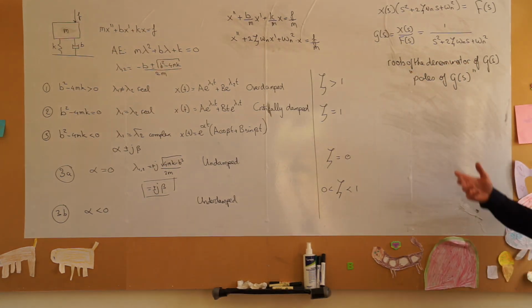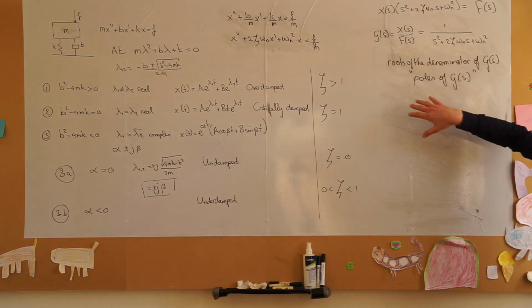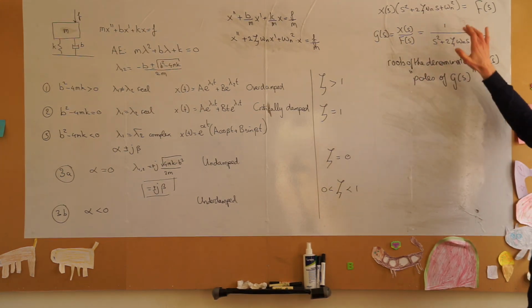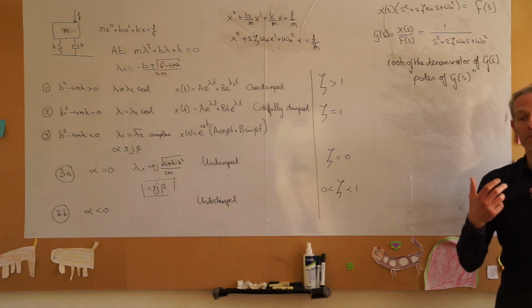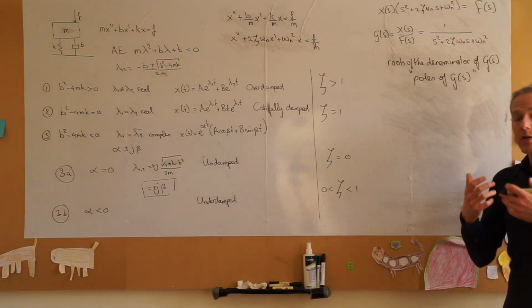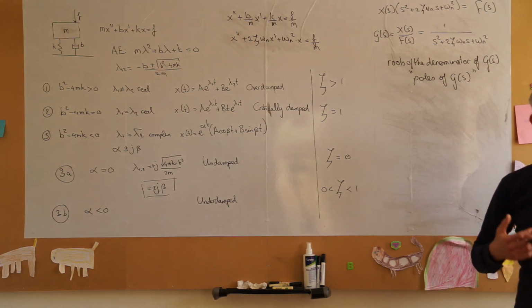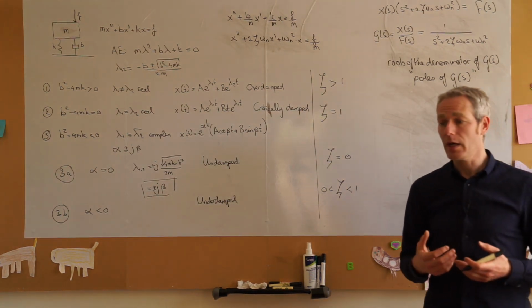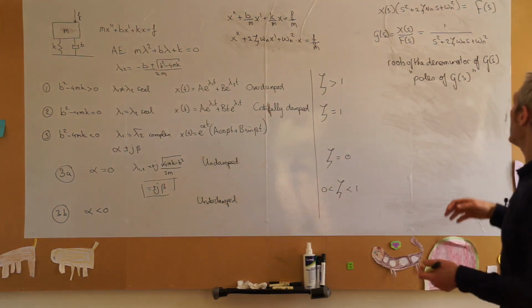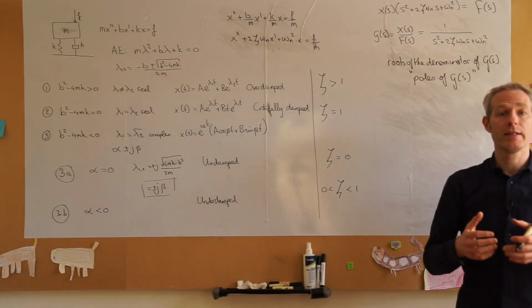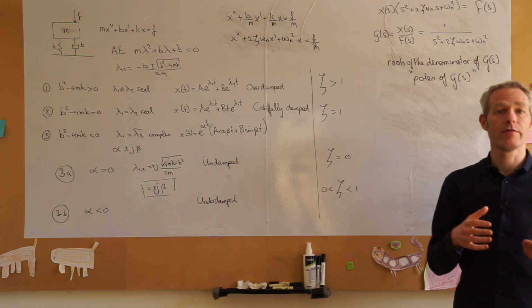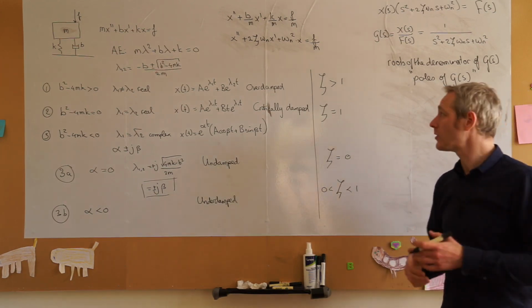A transfer function can also have roots of the numerator. Those are the zeros, and in this case we have none. The zeros determine the response of a system when there is an input, and the poles determine the behavior of the system if there's no input, what it does on its own.